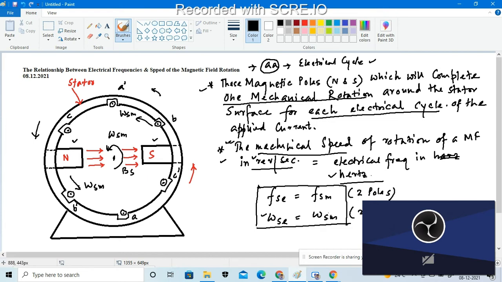So this figure actually signifies the rotational magnetic field in a stator representing a moving north and south stator pole.